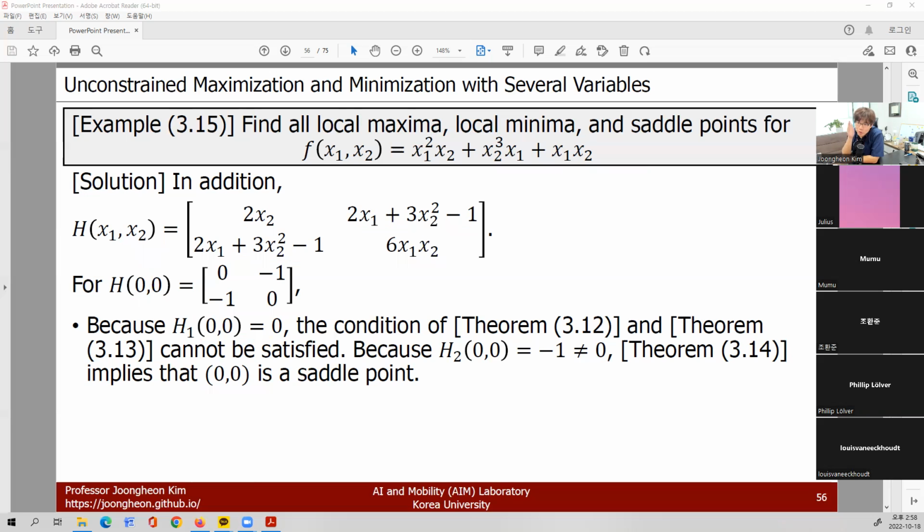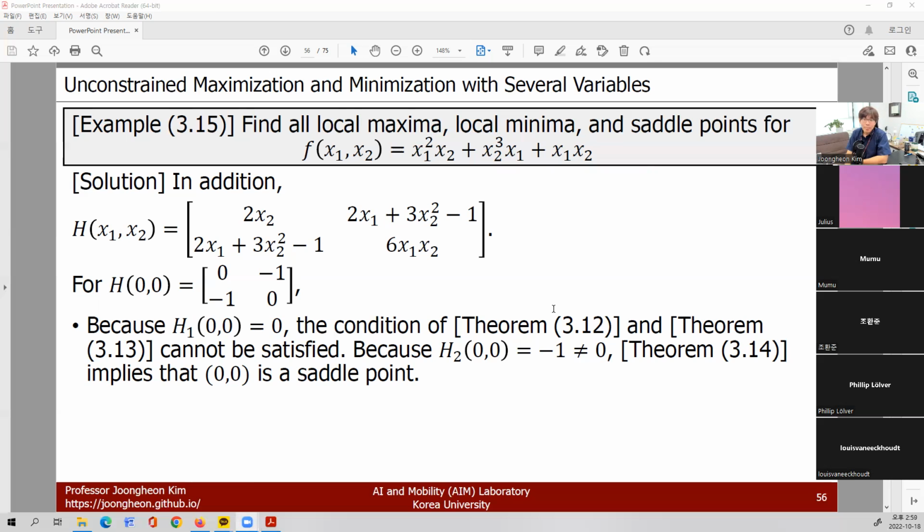So based on this one, I let you know how you can calculate the first leading principal minor and second leading principal minor. Then you can check whether this point is the local maximum, local minimum, or saddle point. Now you can see this is the saddle point.